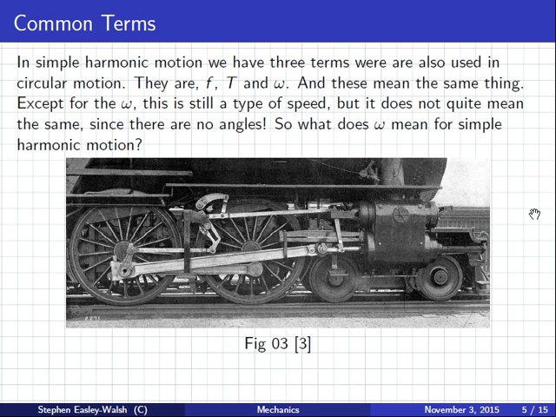What about the omega? So if the omega is 1 radian per second, it means in 1 second the wheel turns 1 radian. And then the piston will move a little bit. So this is how we can imagine the omega for the simple harmonic motion.